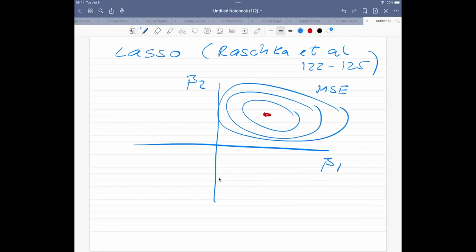Then if we look at this new penalizing function, that is given by the norm 1 of the vector. In terms of these two functions, it looks like this. So it obviously has a minimum, that is the minimum of this function, and this is the minimum of the mean squared error.